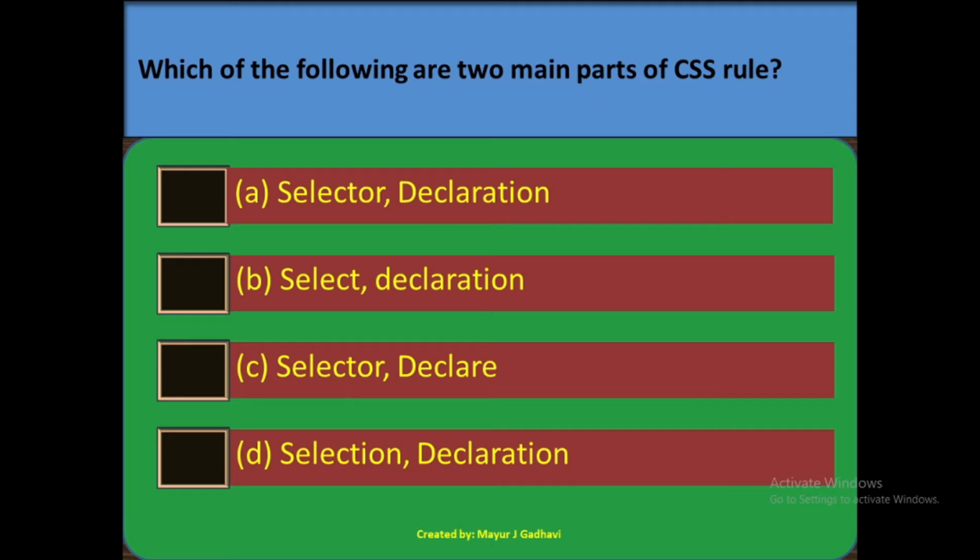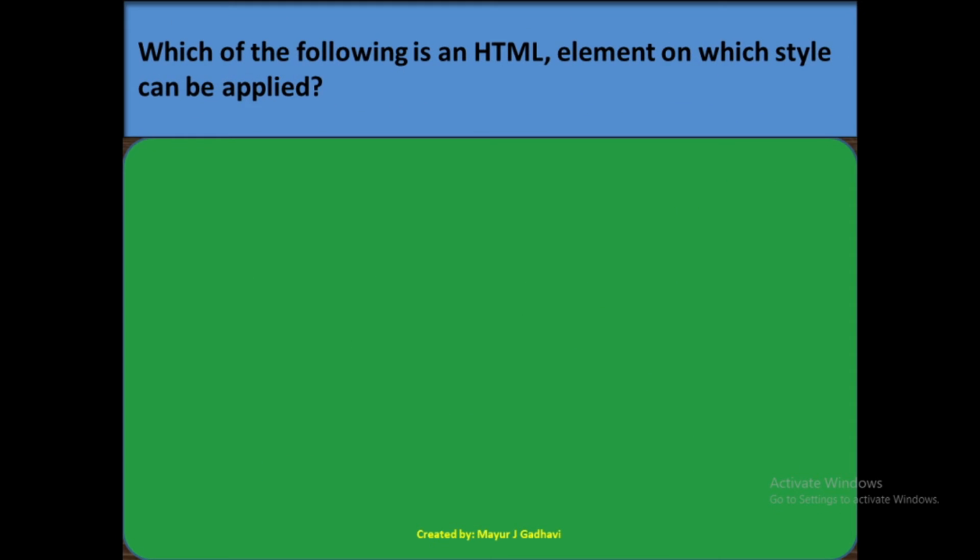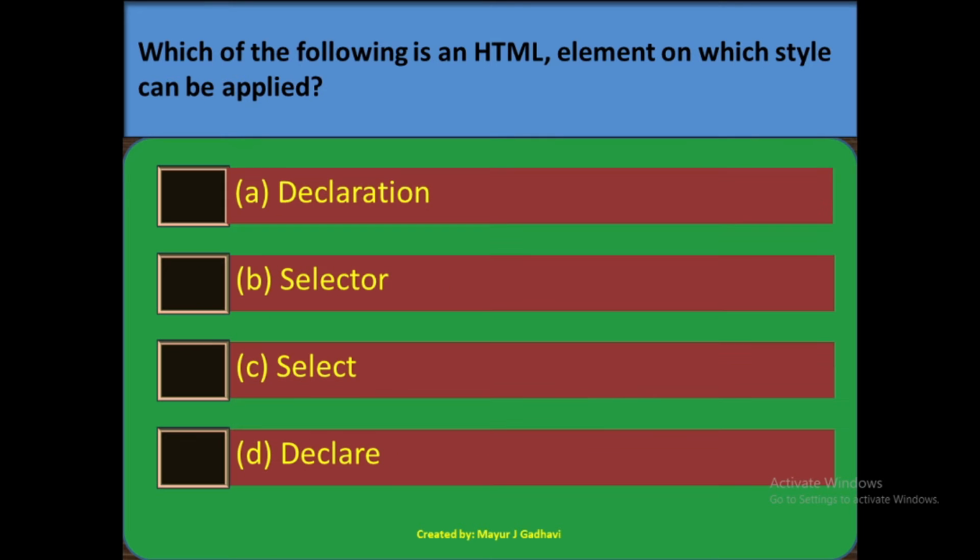Well, the correct answer is selector and declaration. Next, which of the following is an HTML element on which style can be applied? Well, the options are declaration, selector, select or declare. Well, the correct answer is selector.